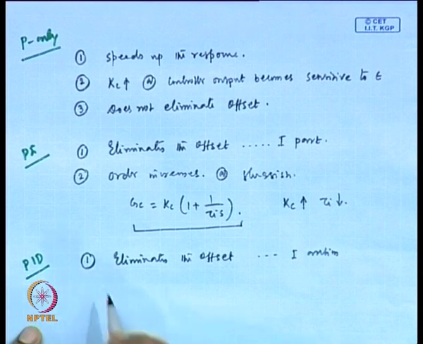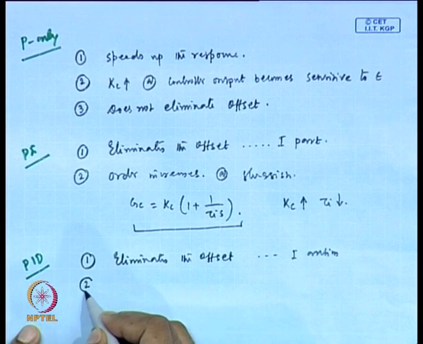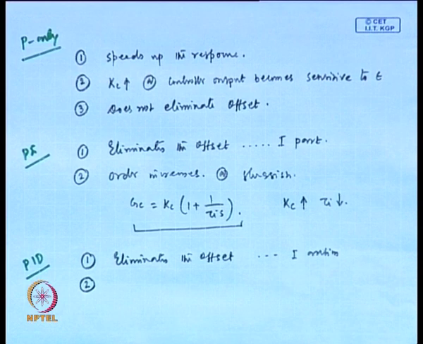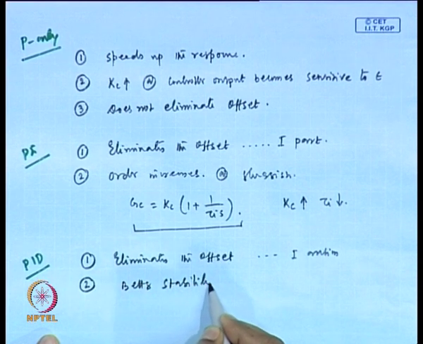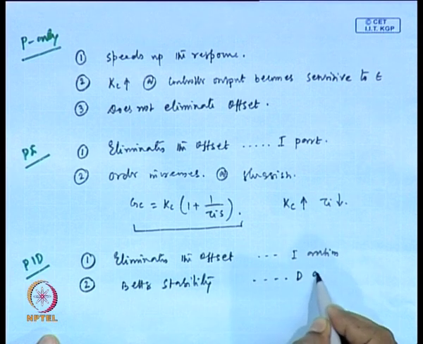Now, for the case of PI controller, we observe that when Kc is larger than a certain limit or tau I is sufficiently small, there is some instability problem that can be improved by the addition of derivative action. So, PID controller has better stability criteria, and this is due to the derivative action only.